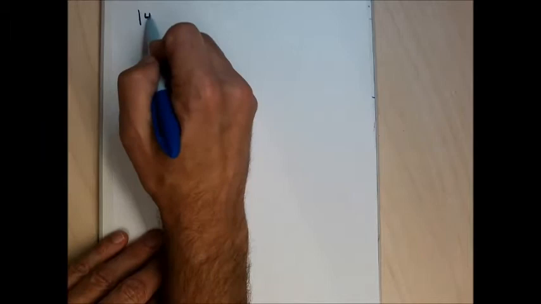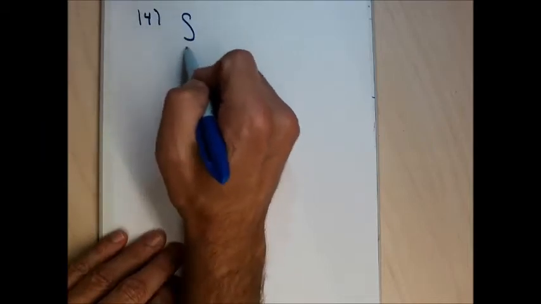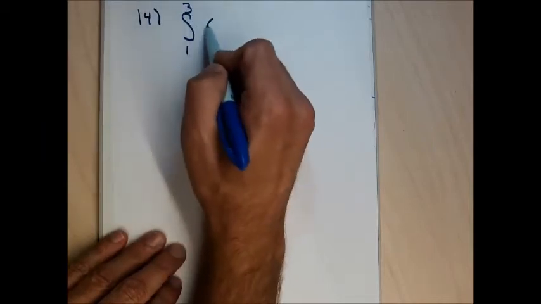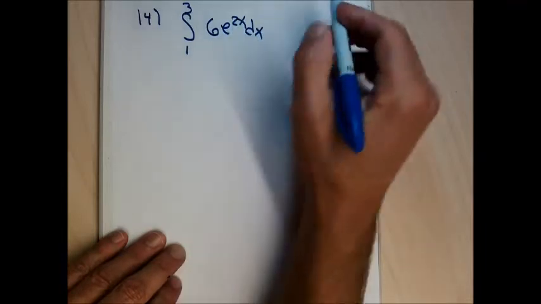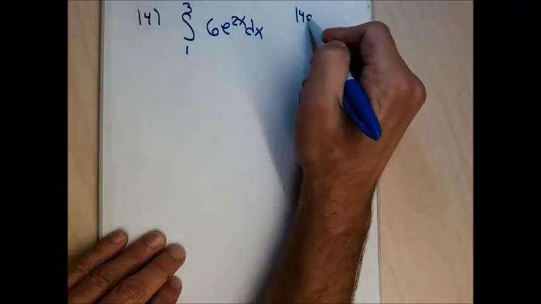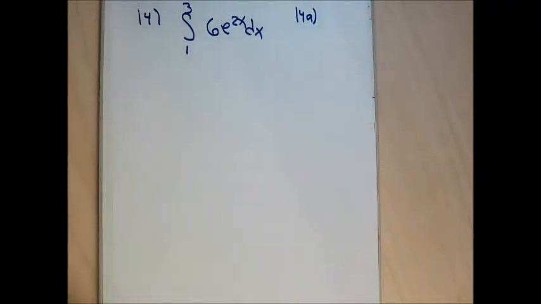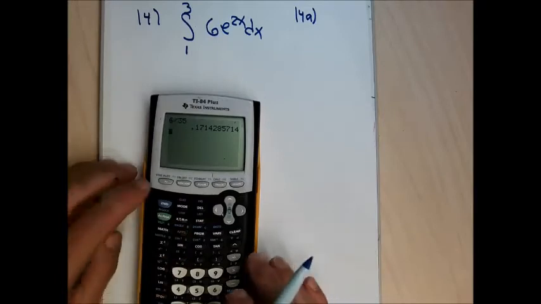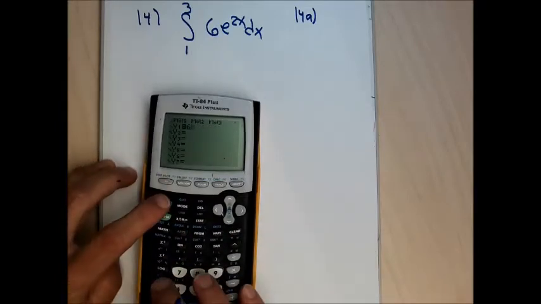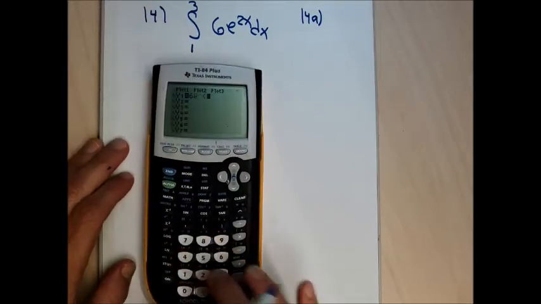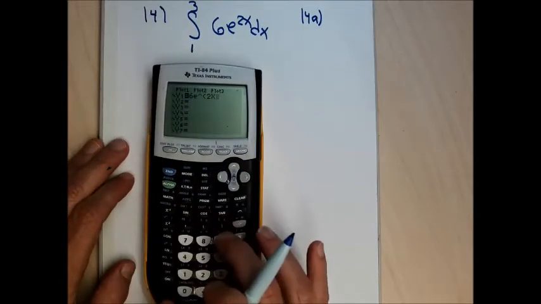There's not enough room here, so let me rewrite 14, which is the integral from 1 to 3 of 6e to the 2x dx. 14a is going to be easy because I'm going to use my calculator. So on my calculator for 14, I'm going to graph the function 6 and then second and ln, and then e to the 2x.